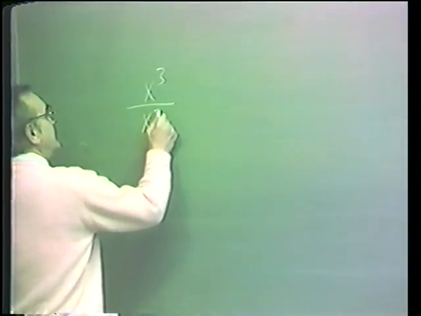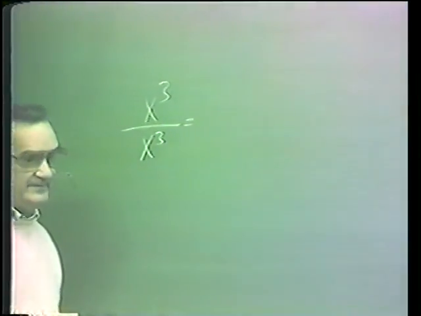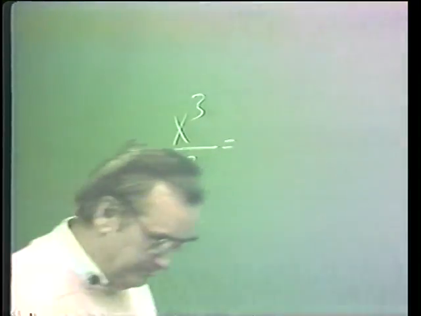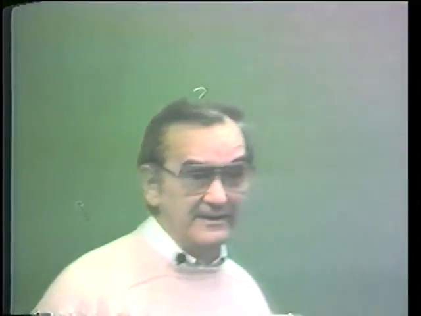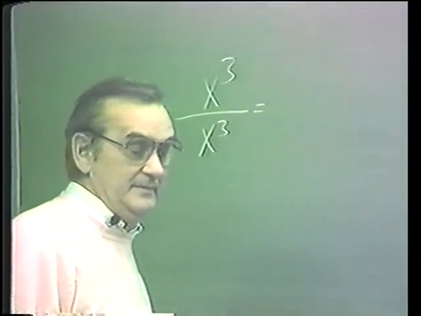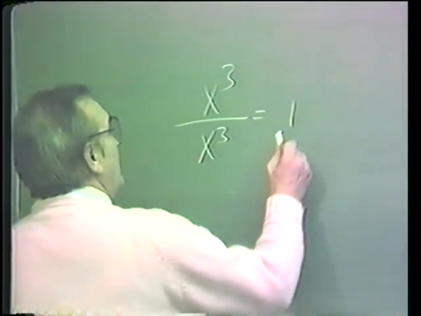Let's suppose we have x to the 3rd divided by x to the 3rd. What is x to the 3rd divided by x to the 3rd? 1. Because we learned long ago, maybe 2nd grade, that anything divided by itself is always 1. So this is a 1.